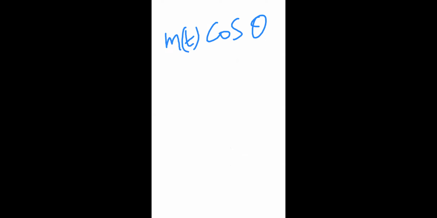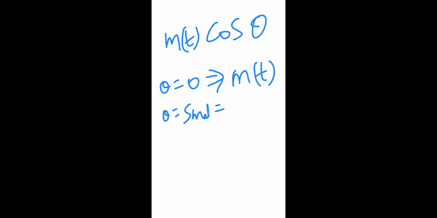Now what happens if theta is 0? You get the original signal m of t. When theta is small, you will get m of t times cos of a small value, so the message amplitude is decreased by that factor.